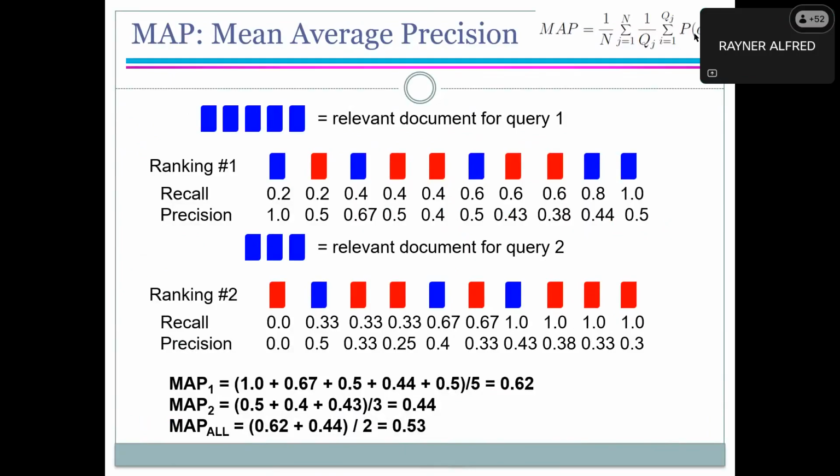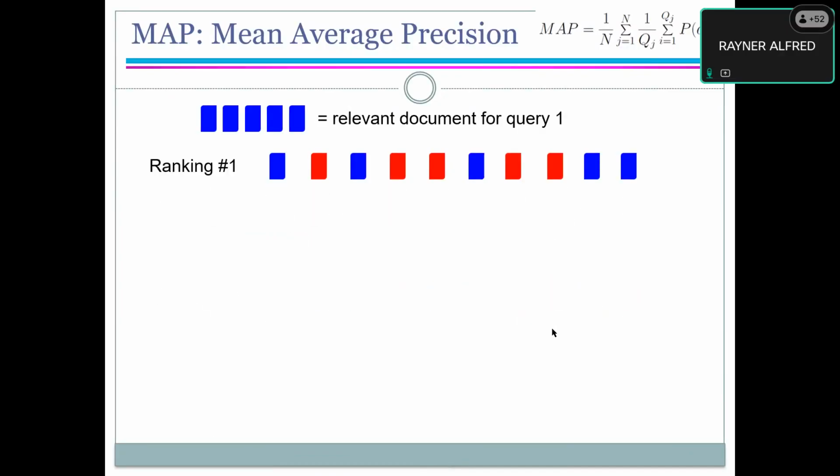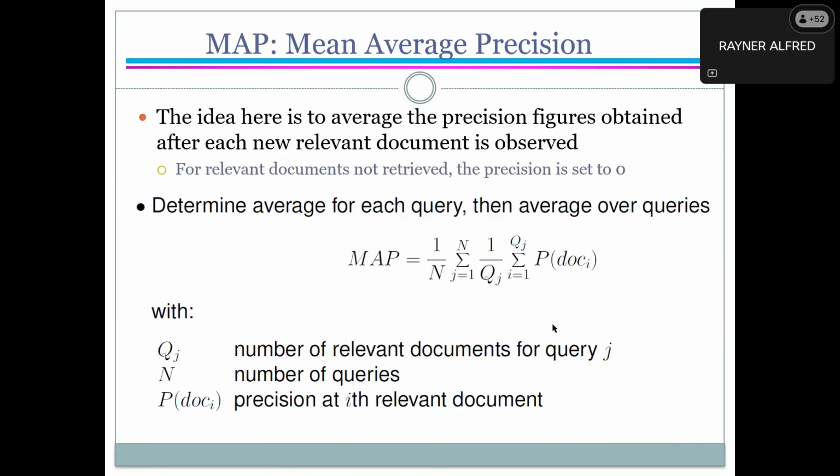So basically you are summing up all the precision for that particular query and you divide by the number of relevant documents, and you do it for how many queries that you have. Let me go back to the definition here. Yeah. So N is the number of queries. QJ is the number of relevant documents.